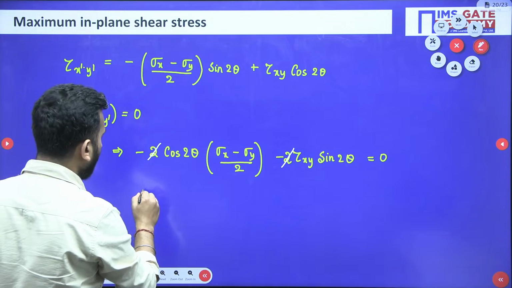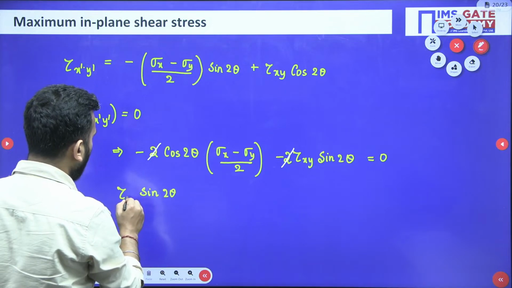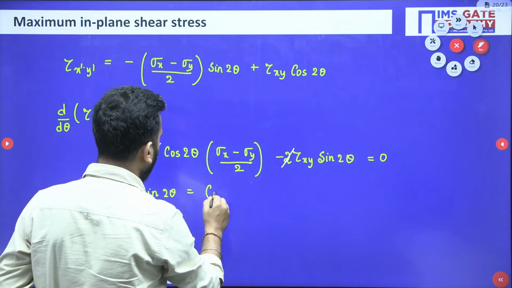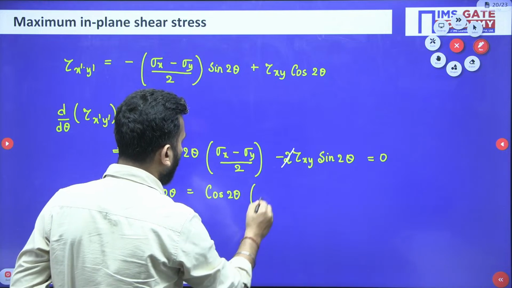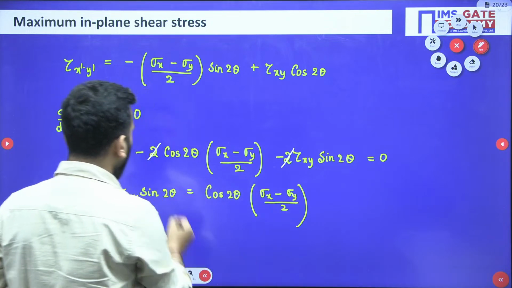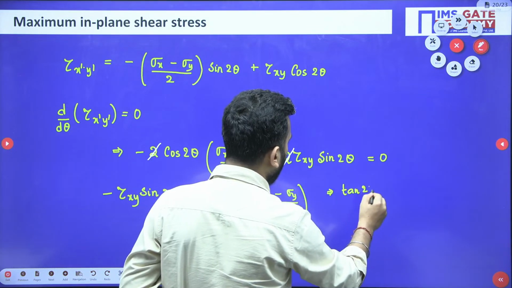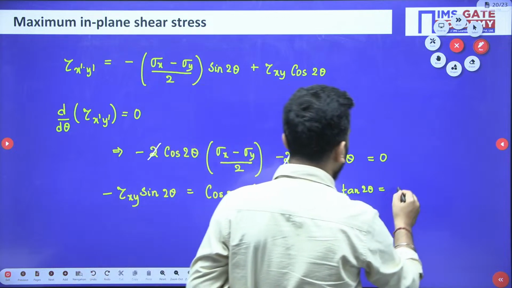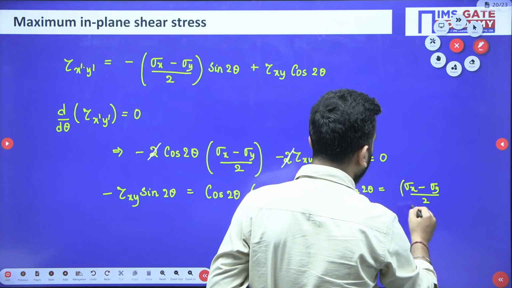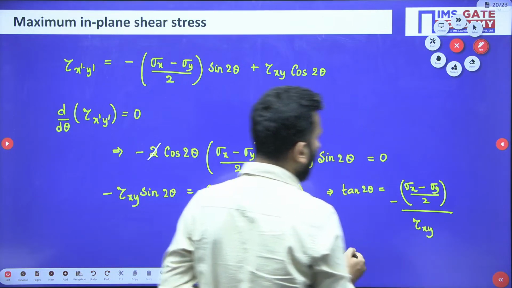So sin 2 theta by cos 2 theta will come out to be tan 2 theta, and this will be equal to something divided by tau xy with a minus.